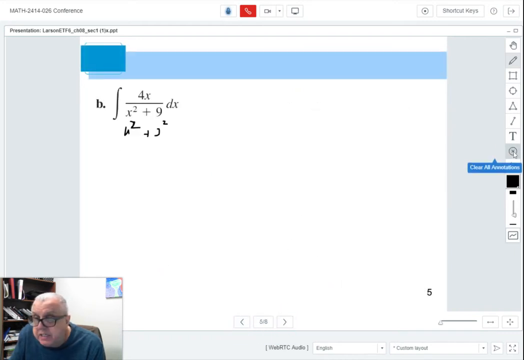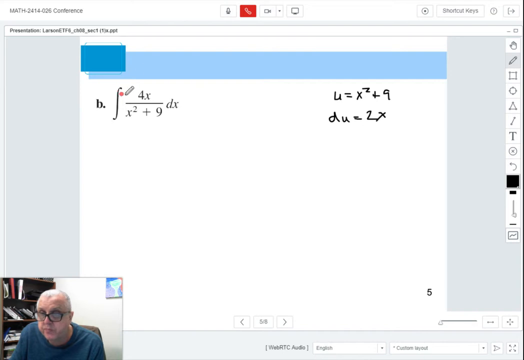So when I look at this, I'm going to now notice that my bottom, I'm calling u, is x squared plus 9. And then the derivative of u would be 2x. So I can change this problem to times 2x. That's still 4x on top. You see, I just factored a 2 out of the top of that.